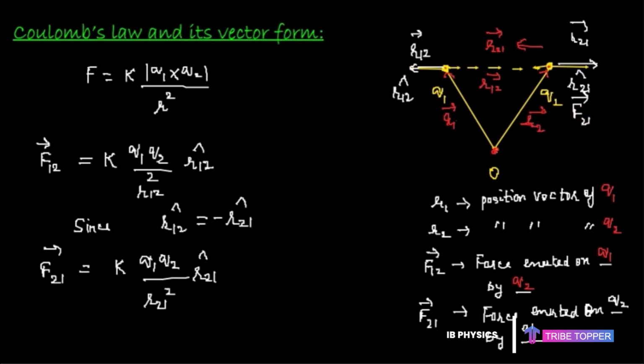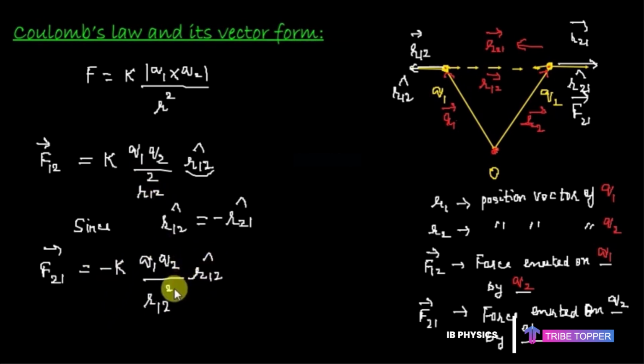If you look at it carefully, everything is the same in F12 and F21 except for the sign. The R12 unit vector and the R21 unit vector differ only by a negative sign, so I can write F21 is equal to k Q1 Q2 by R12 square times the R12 unit vector, with a negative sign in front.